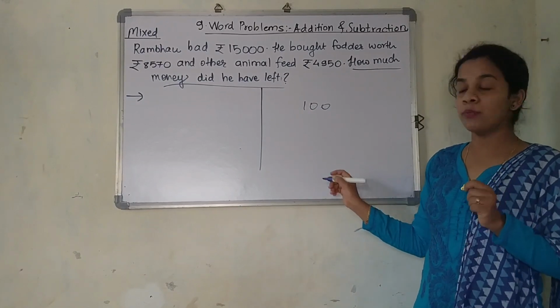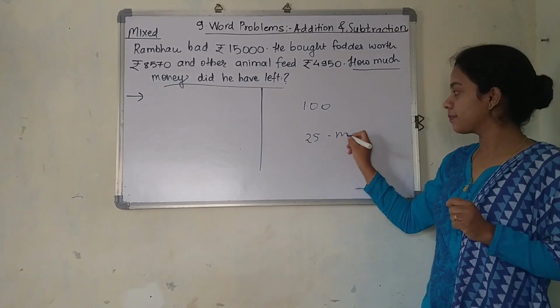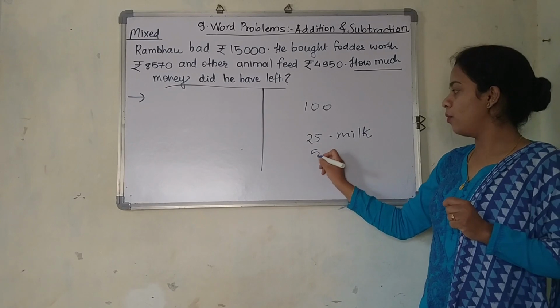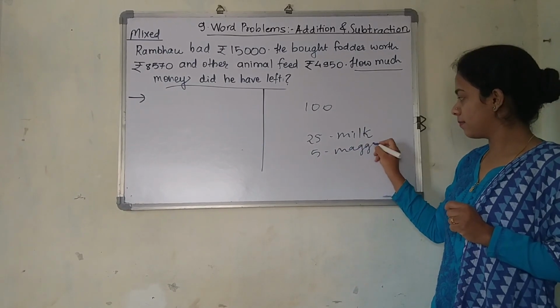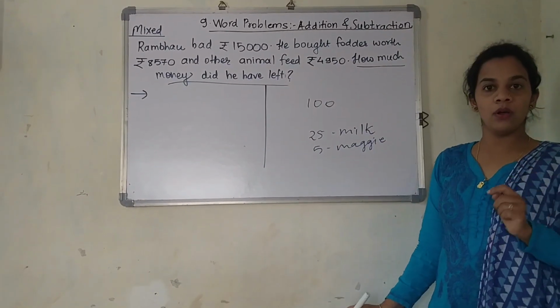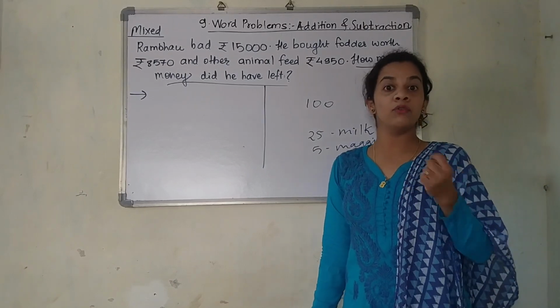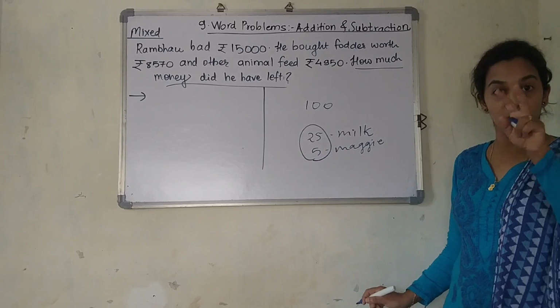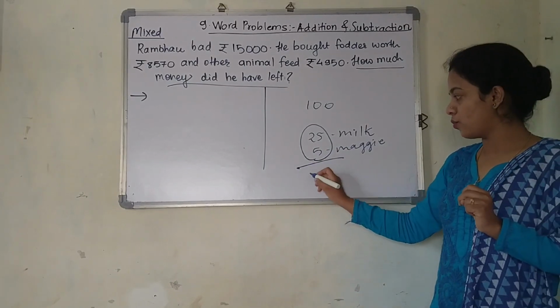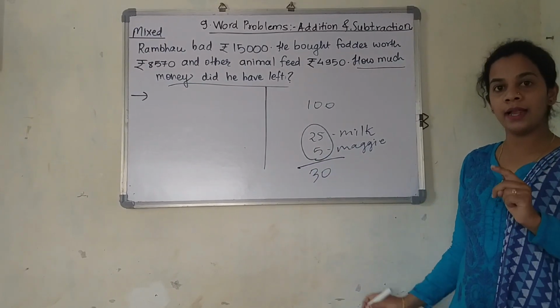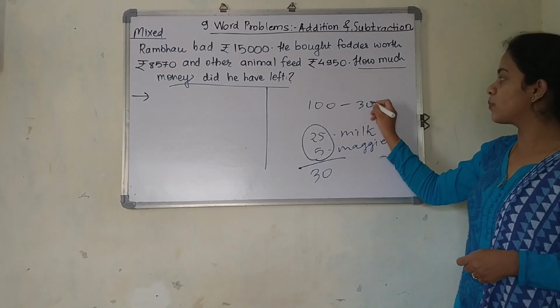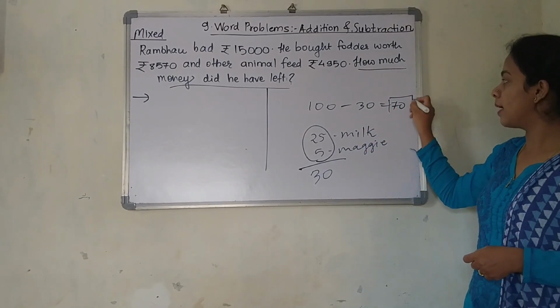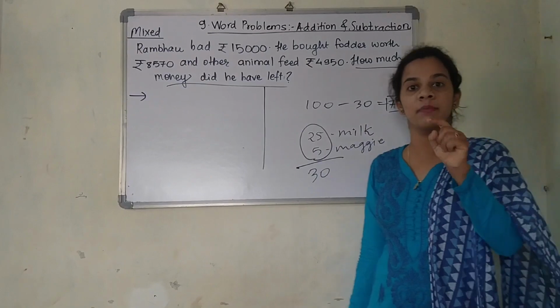And she told you to bring 25 rupees milk and 5 rupees Maggi. Then mother asks how many rupees are left with you. What are you supposed to do? You will calculate the two small amounts and add them, that will be 30. Then whatever the 30 is, you subtract from the 100. So you get the final answer, 70, which is remaining with you.